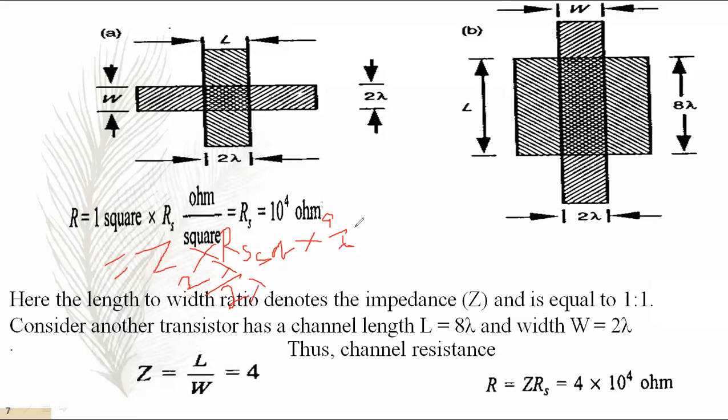Rho divided by T is a standard value for a uniform slab, which is equal to 10 to the power of 4 for an NMOS device. For an NMOS transistor, this value is 10 to the power of 4.